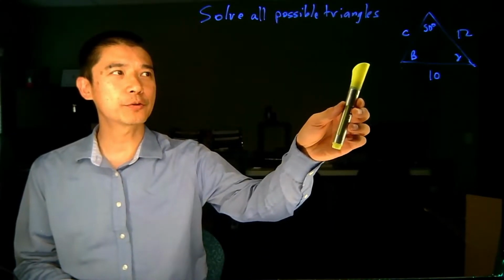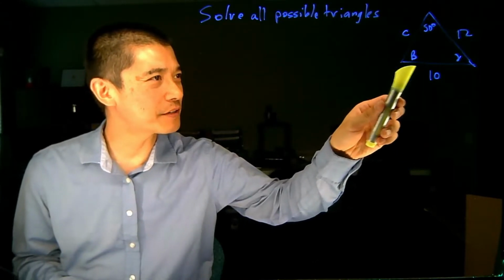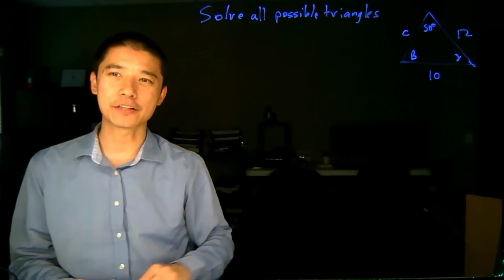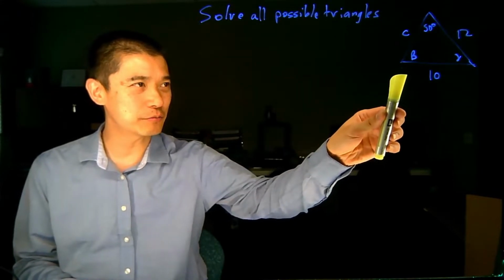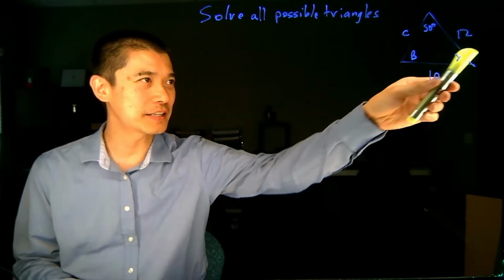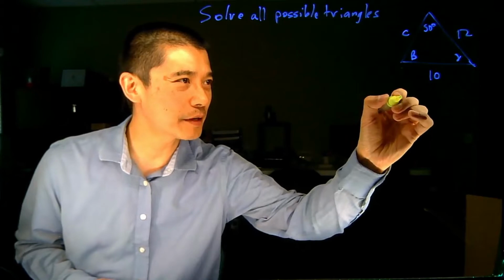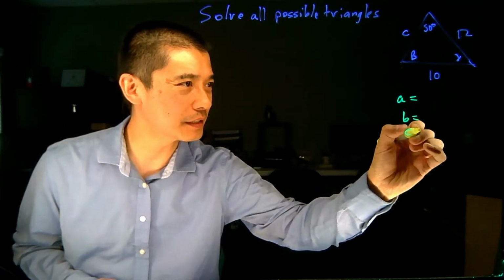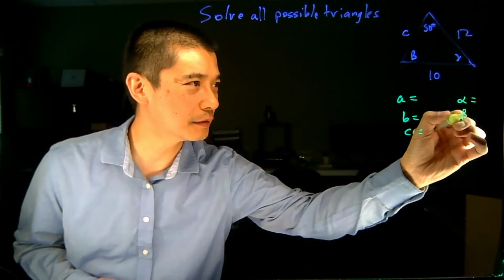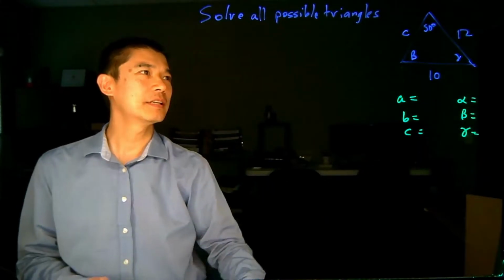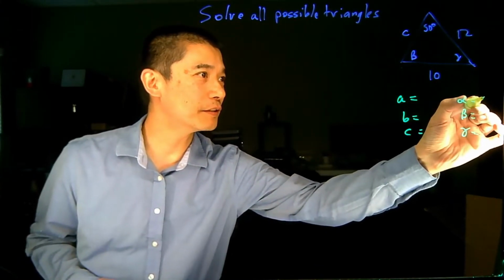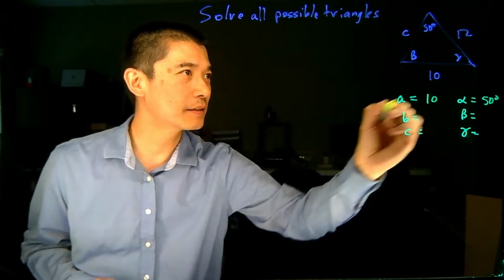So here's another example. Solve all possible triangles. And once again, you can see that we have a side-side-angle situation. The orientation is different, but it's still relative to the parts, side-side-angle. And so let's first make our little chart, A, B, C, alpha, beta, and gamma. Now in this diagram, our alpha is 50 degrees with A equal to 10.